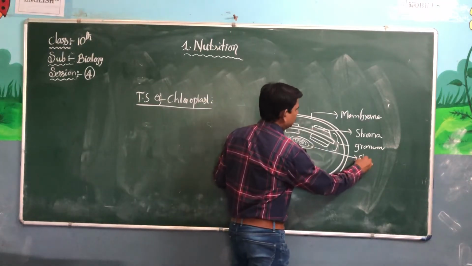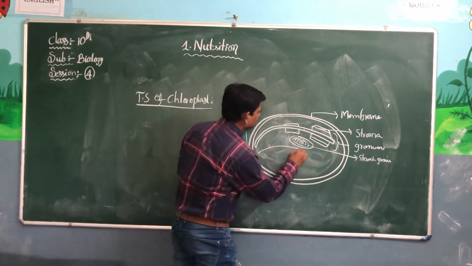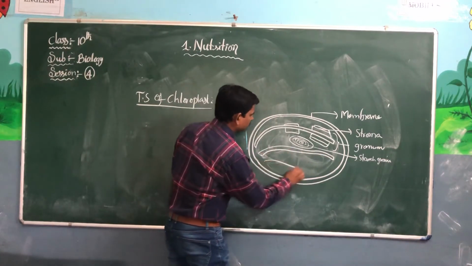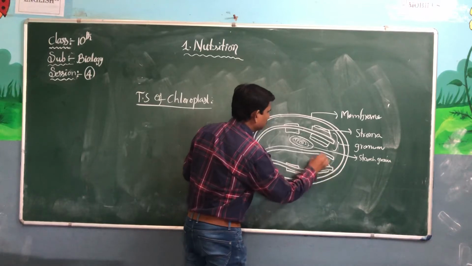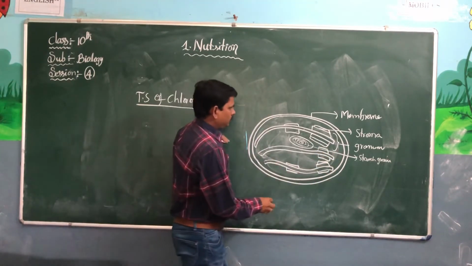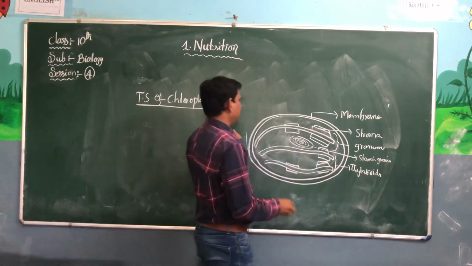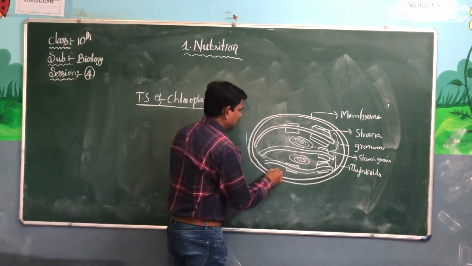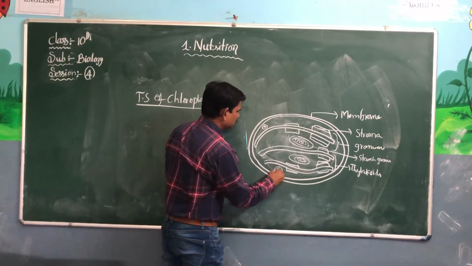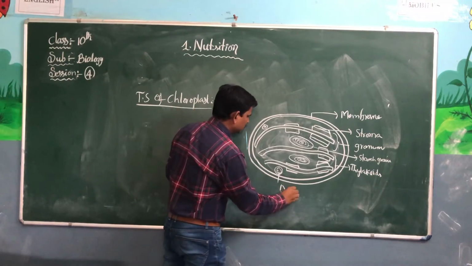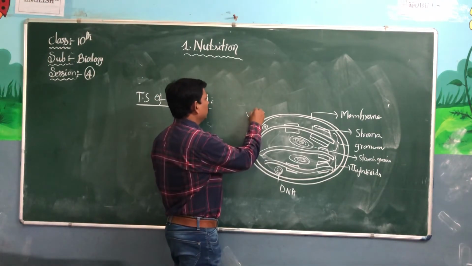These are starch grains. It also has DNA, deoxyribonucleic acid, and lipid globules.